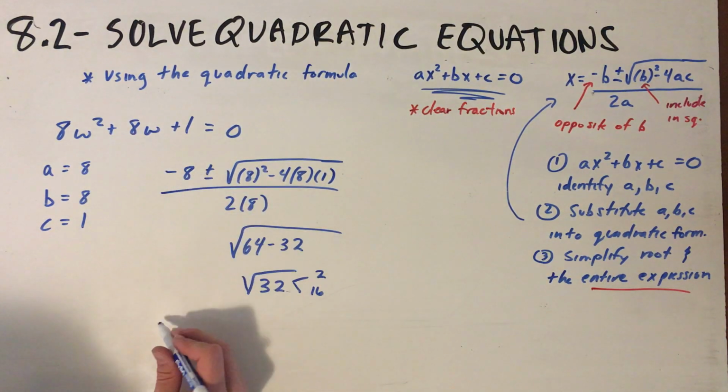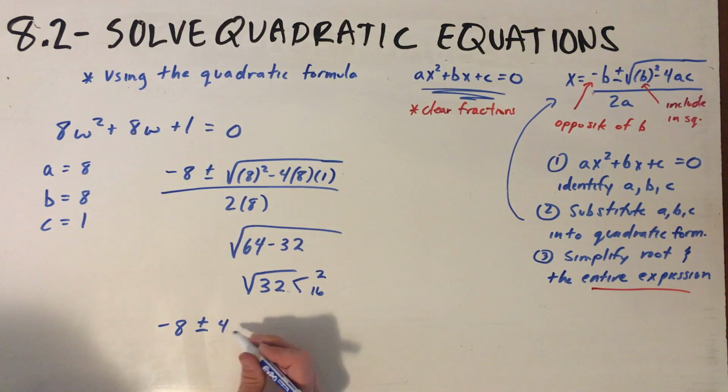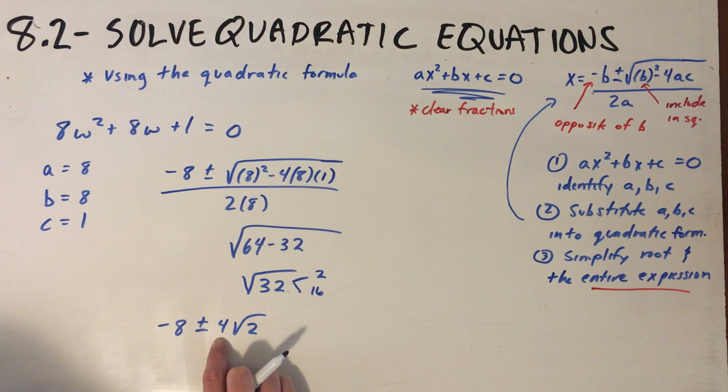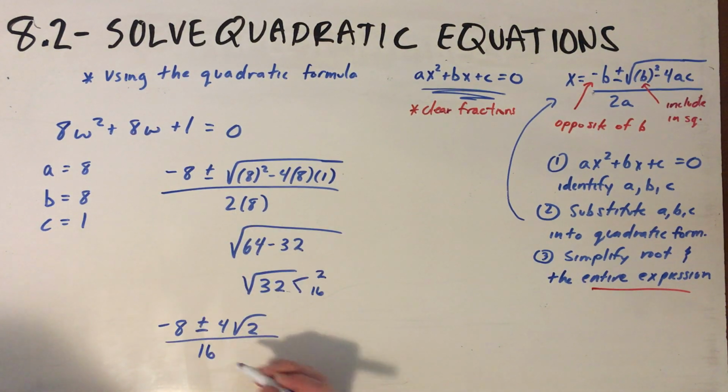So bringing down the rest of the formula, we got negative 8 plus or minus 4 root 2. The square root of 16 is 4, and the square root of 2 just has to stay, all over 2 times 8, which is 16.